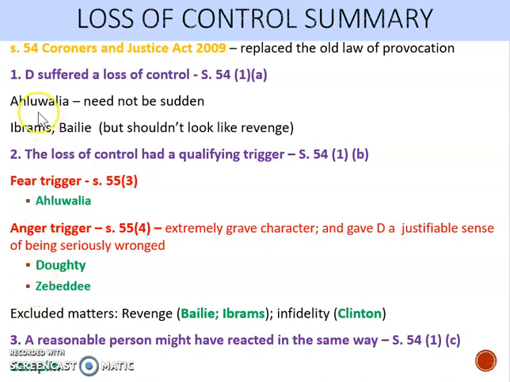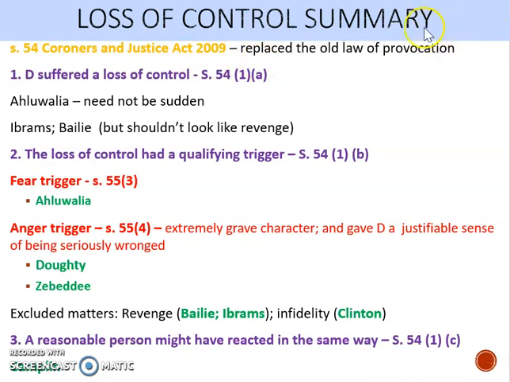So loss of control is a defence which comes from Section 54 of the Coroners and Justice Act 2009. And this was the act that created the defence, so it's a relatively new defence, and it replaced the old law on provocation.